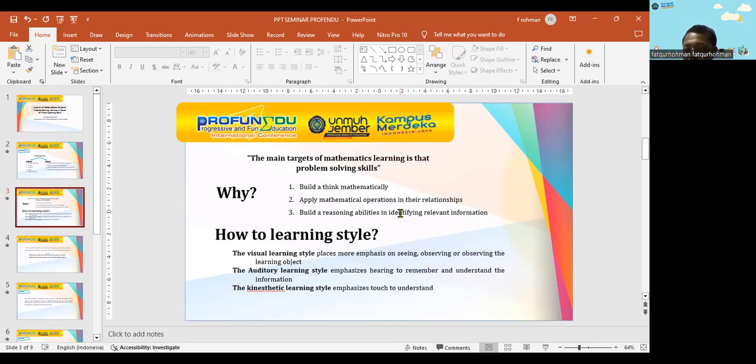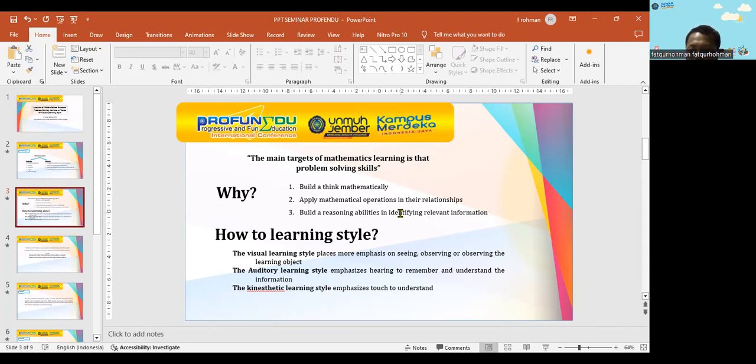So what are the learning styles? The learning styles are the visual learning style, the auditory learning style, and the kinesthetic learning style. In the visual learning style, students place more emphasis on seeing, observing faces, or observing the learning object.